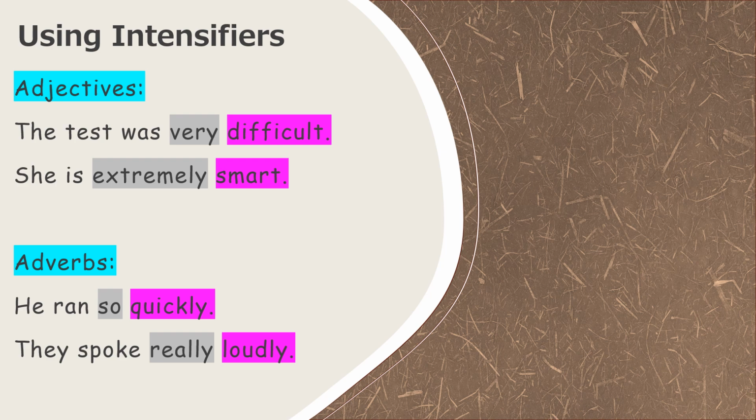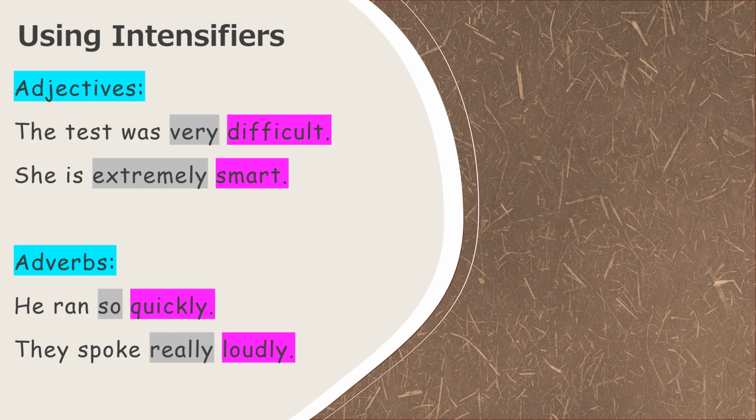Now let's take a look at how it is used to intensify adverbs. He ran so quickly. So he is a subject, ran is a verb, quickly is an adverb. How did he run? So quickly. So this so is an intensifier. They spoke really loudly. Though it is written as really, when you say it, you say it in a fluent way.